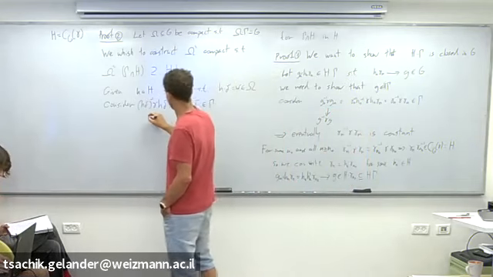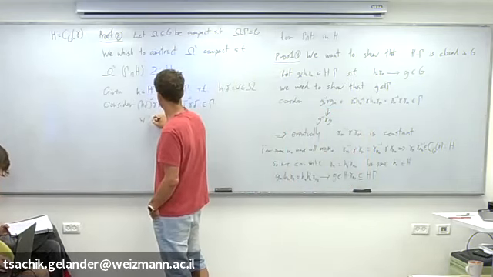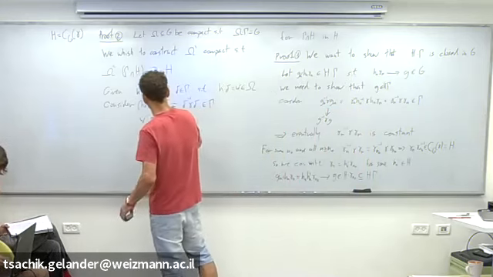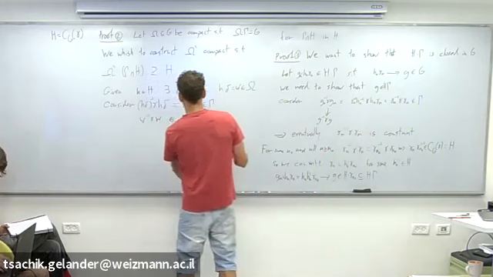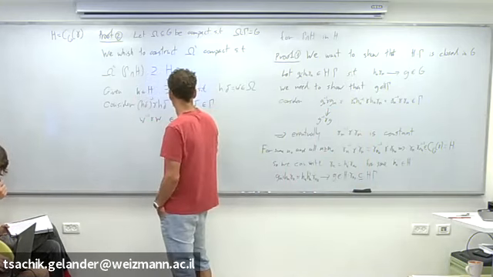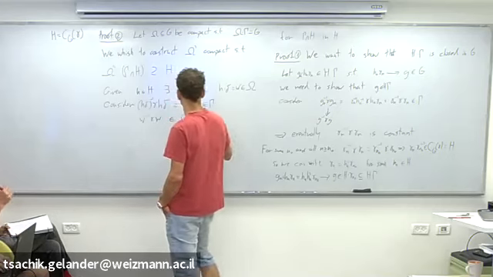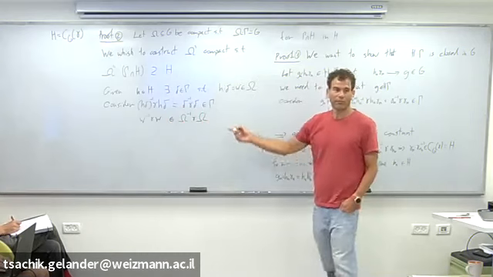On the other hand, you can write it as omega inverse gamma omega. So it belongs to the compact set omega inverse gamma omega, which is compact.